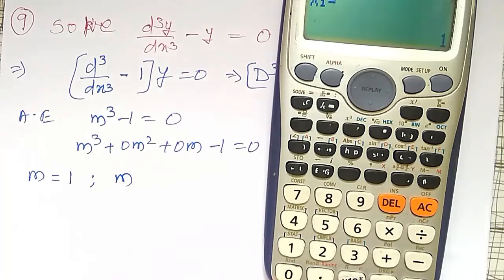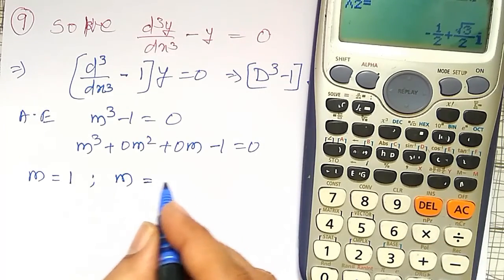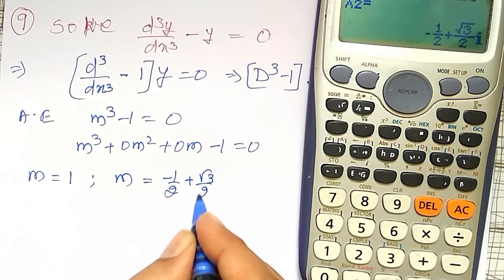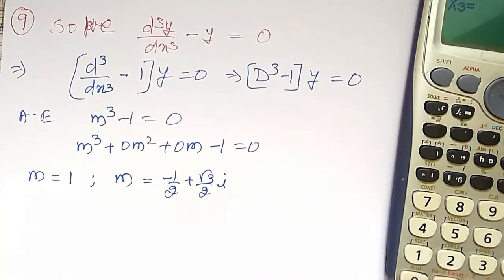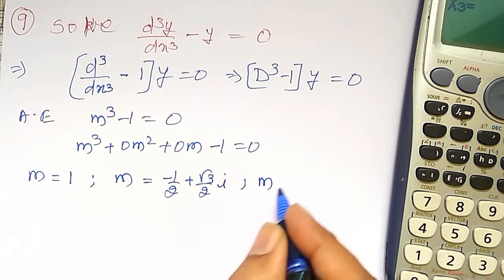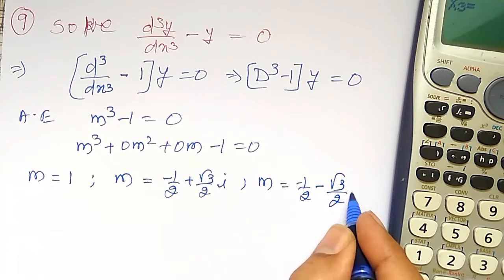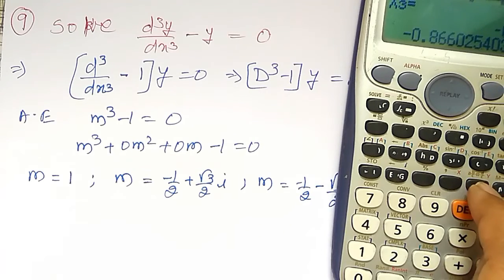Next, the second root is minus 1 by 2 plus root 3 by 2 times i. Next, the same m but with minus sign: minus 1 by 2 minus root 3 by 2 times i, or you can find the values in decimals also. Minus 0.5 and this many times i.